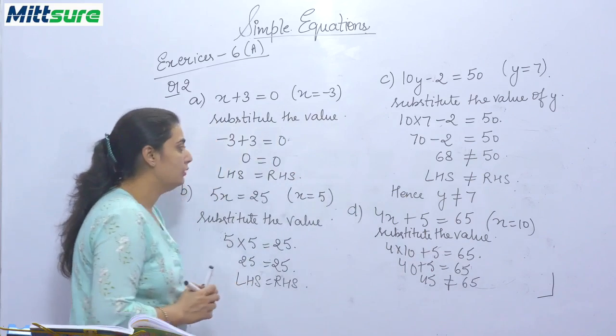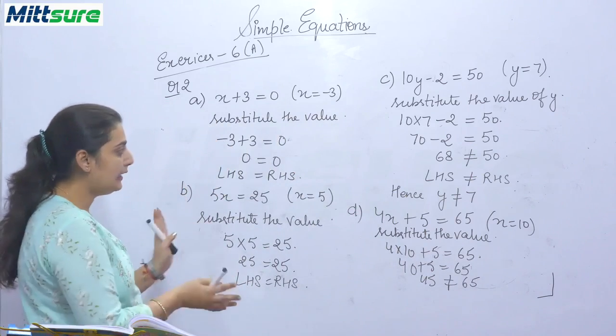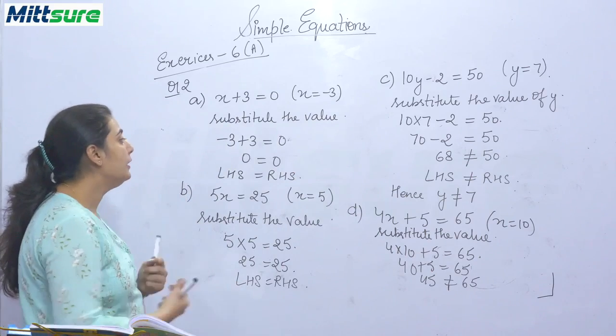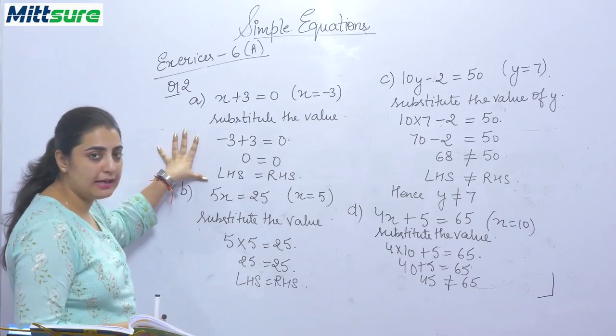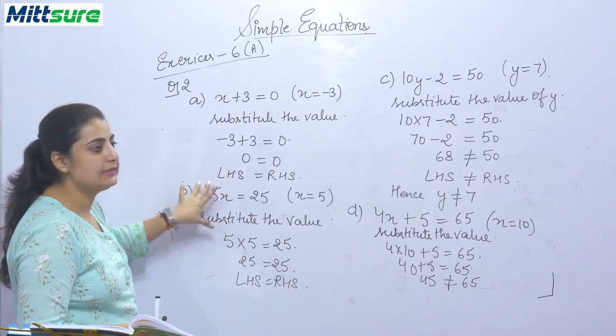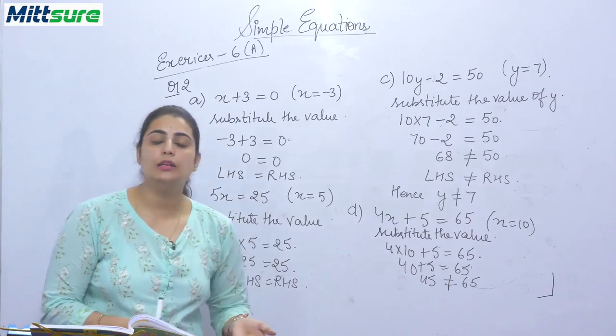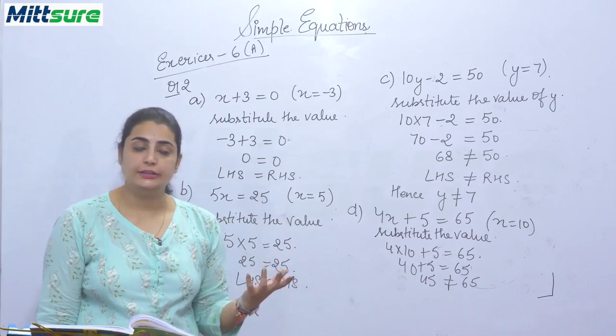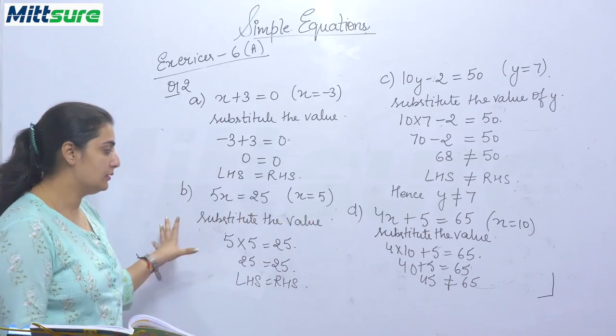Right? Now you can do it simultaneously, or you can take the left hand side first, then the right hand side, and then match both sides by writing it further.